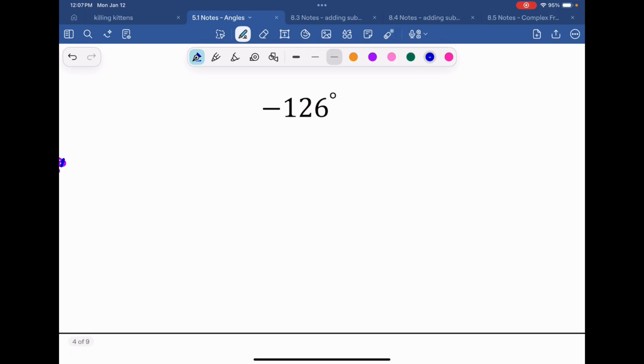Okay, negative 126. Degrees cancel. Let's see, I think the most I can say right now is that 2 goes evenly into it. So 2 goes evenly into that 90 times, and into that negative 63. And both of those can be divided by 9.